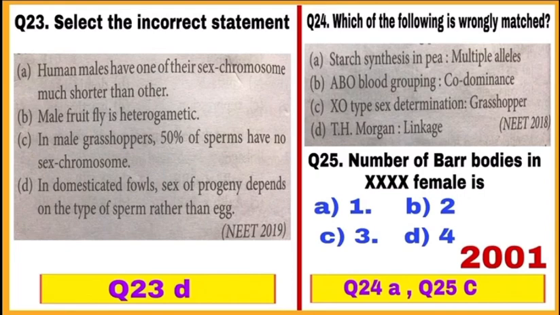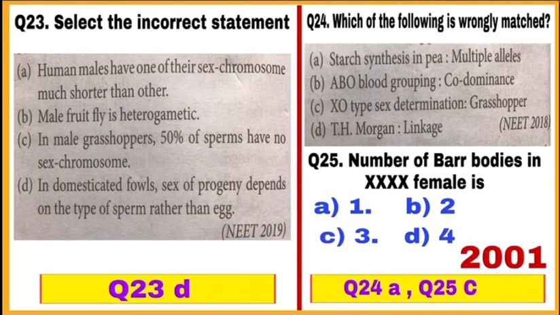Statement D, in domesticated fowls, sex of progeny depends on the type of sperm rather than egg. This statement is not correct. In birds, females have ZW chromosomes, so they produce two types of eggs, while males have ZZ chromosomes and produce only one type of sperm. So, sex of progeny depends on eggs and not on sperms in fowls. So, correct answer is D.